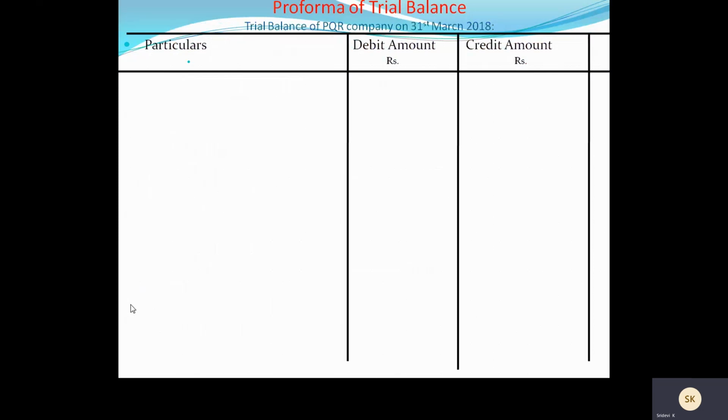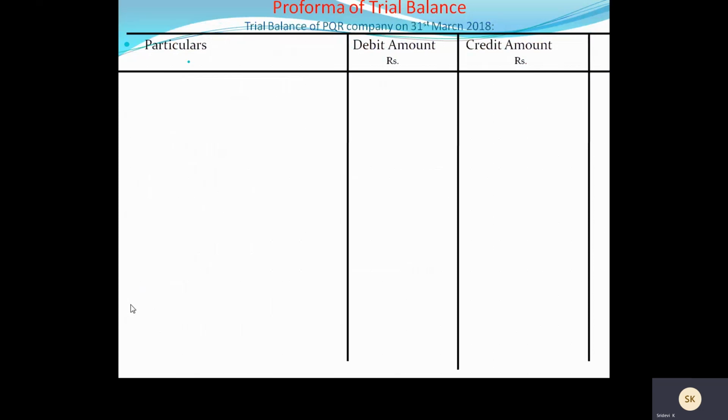This is the format. One by one, as I have shown you the list, according to the list you are going to show the item name one by one, and if it is a debit amount column related item, you show that amount in front of that item in the debit column. If it is related with credit, then you show the amount in the credit column.